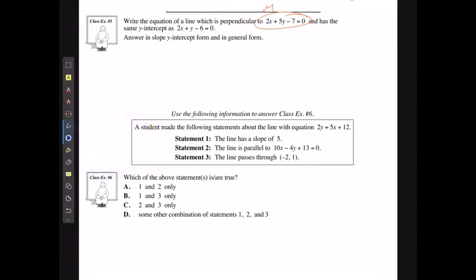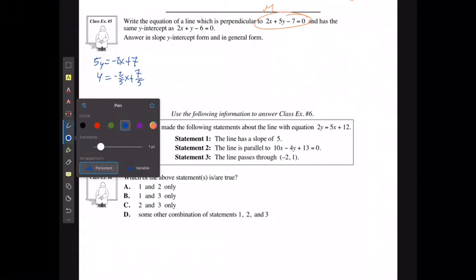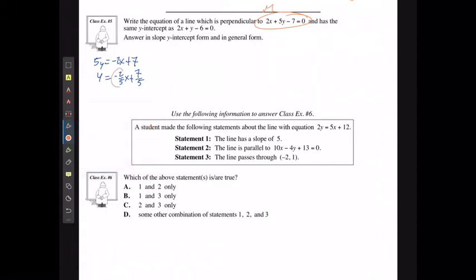So I'm going to say that if I have 5y is equal to negative 2x plus 7, then y is going to be equal to negative 2 over 5x plus 7 over 5. If this is the slope of the original one, the slope of the one I'm looking for is going to be the negative reciprocal because it's perpendicular. I need a slope of 5 over 2.